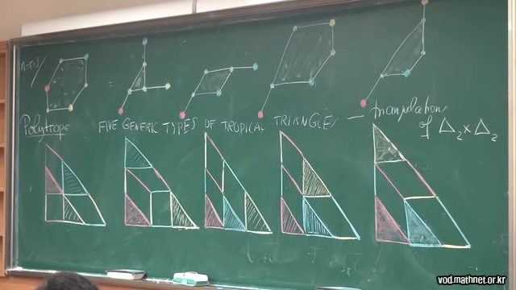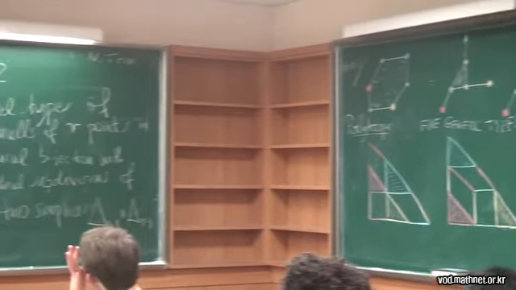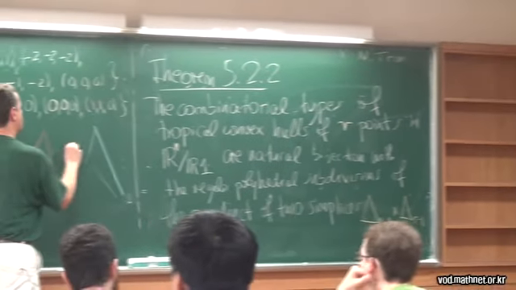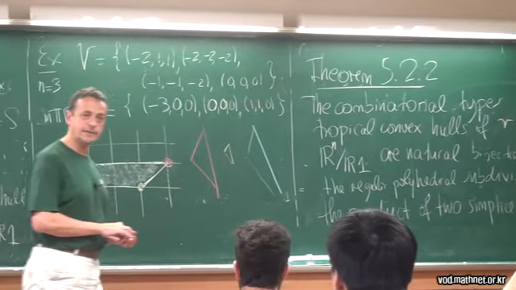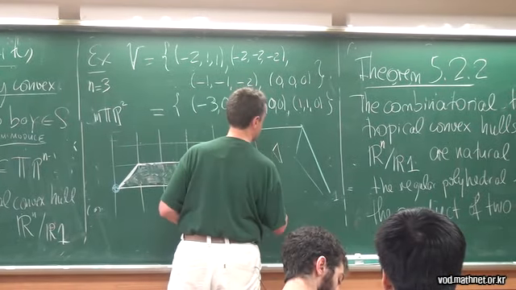So let's try to think about the direct product of 2 triangles. How would you draw the Schlegel diagram?